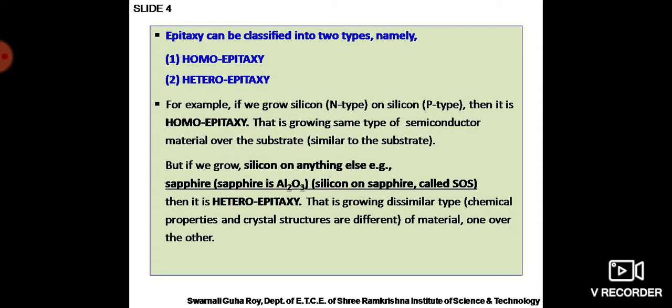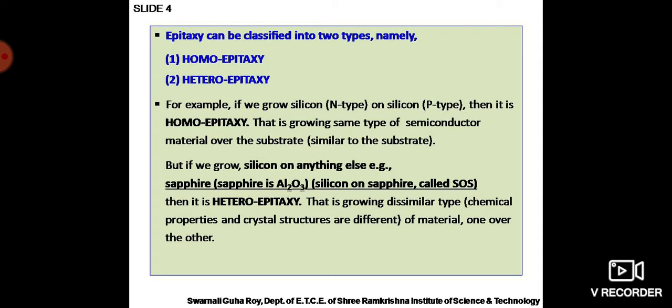So, if we want to grow an n-type silicon epitaxial layer over the p-type silicon substrate, then it is actually called homoepitaxy, because maybe the types are different, p-type and n-type, but the material is the same, that is silicon. Homo means similar type of semiconductor materials. That is, growing the same type of semiconductor material over the substrate means homoepitaxy.